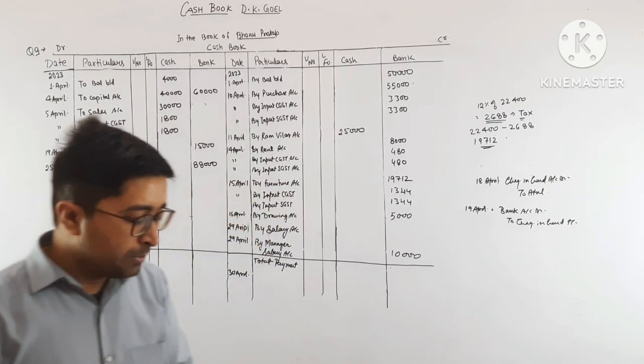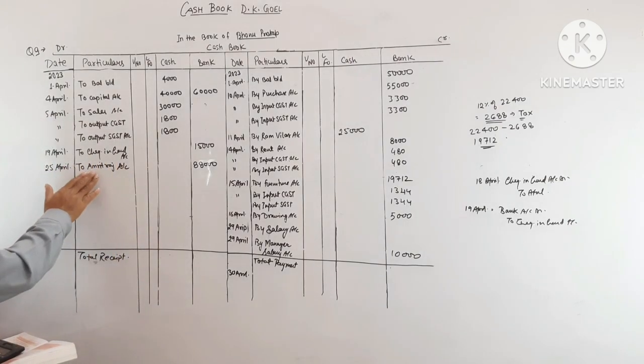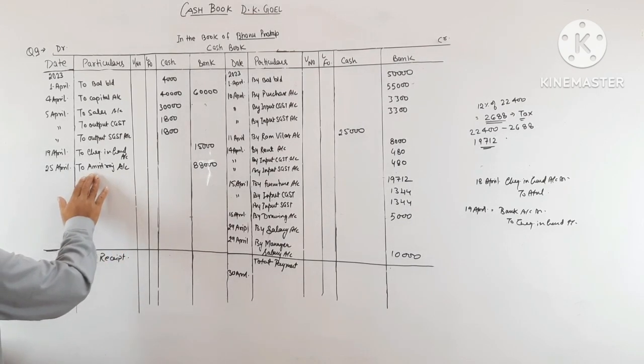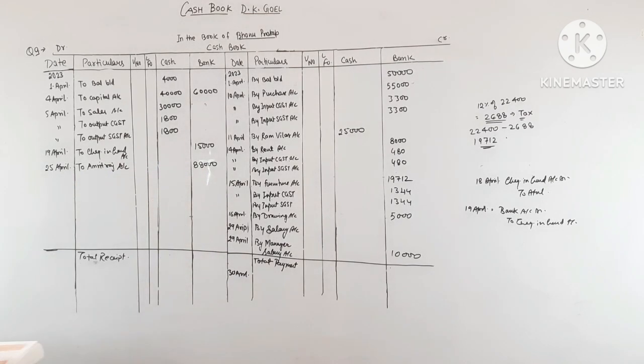So on 25 April we receive a check from Amrit Raj, full settlement of 88,000. So our entry will be to Amrit Raj account, and in the bank we write 88,000.